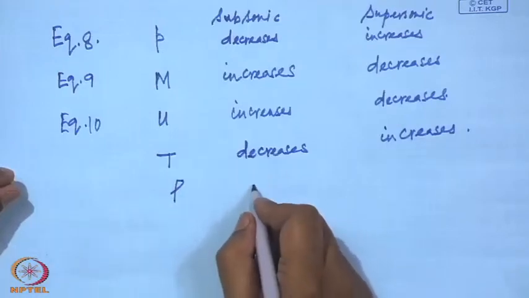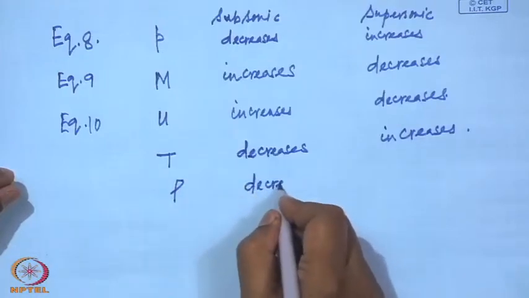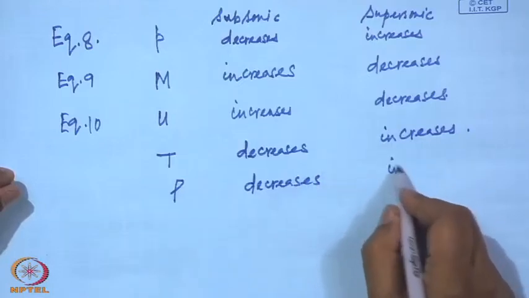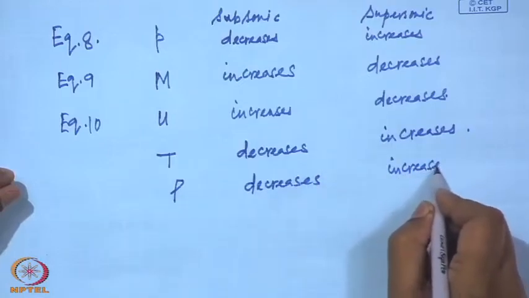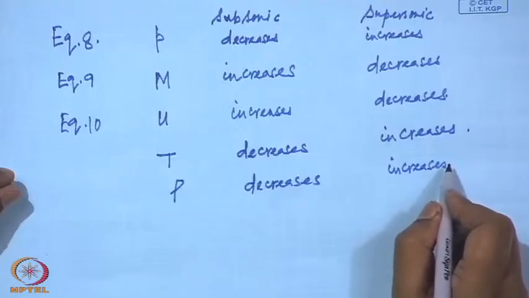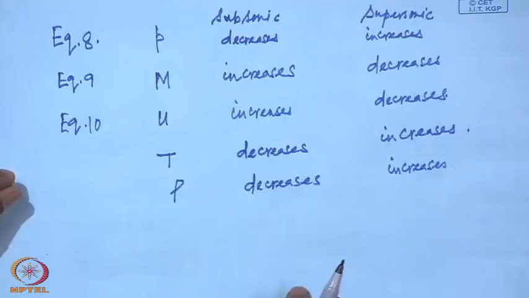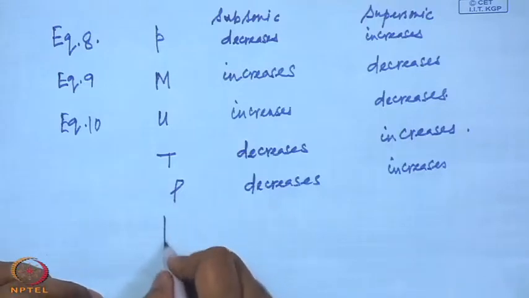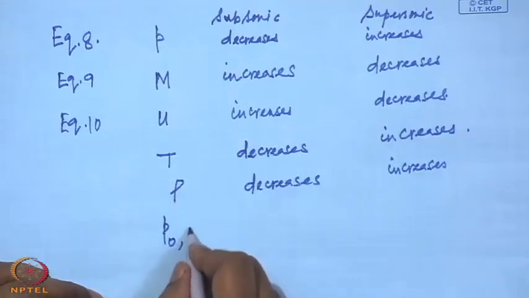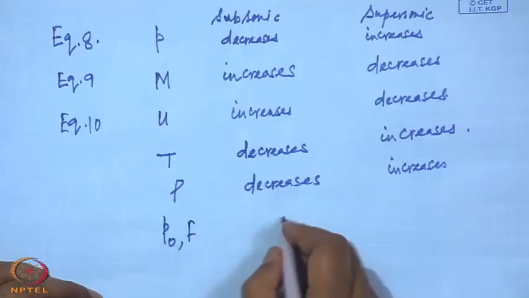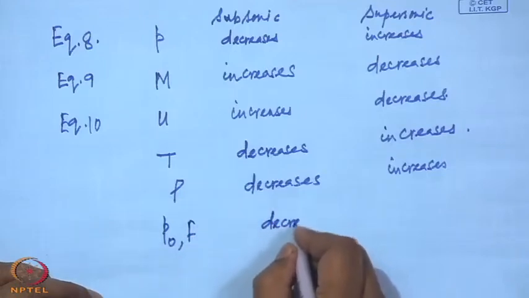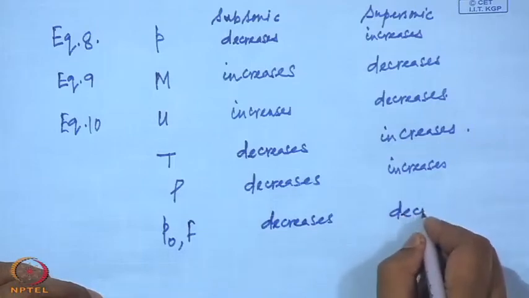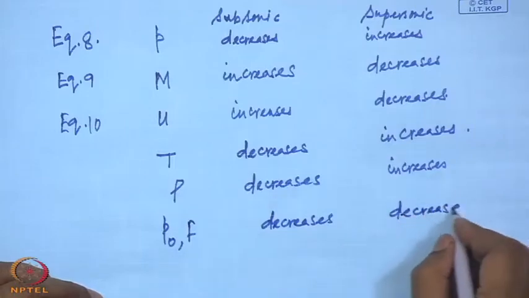Rho decreases in subsonic flow, but increases in supersonic flow. And the stagnation pressure and impulse function, they decrease in both cases, as already mentioned.